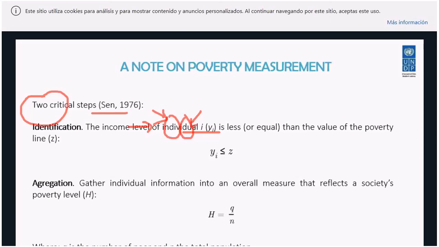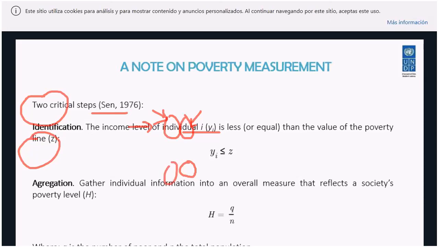And then to report the poverty level of your country or society using your household survey, you simply divide the total number of individuals identified as poor by the total population. That will yield a percentage.